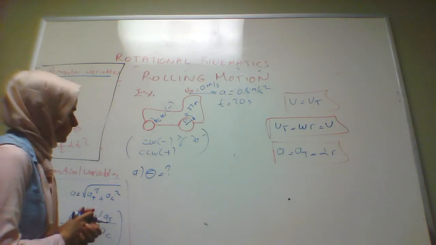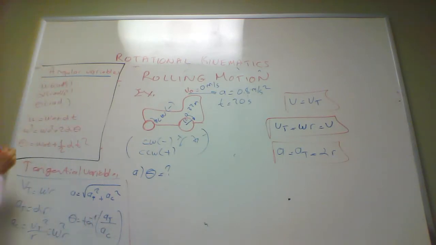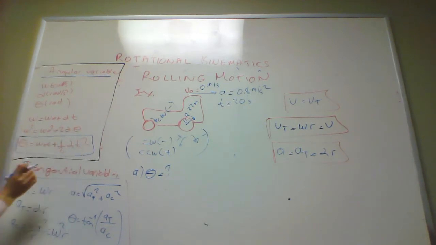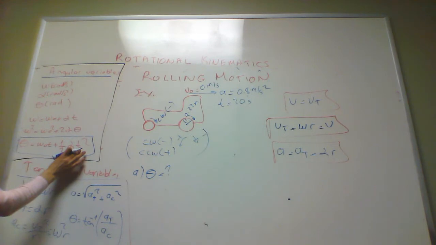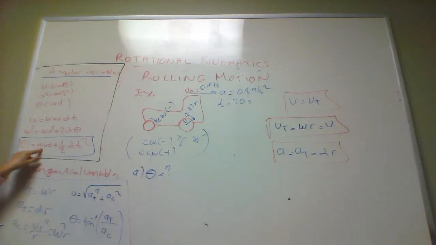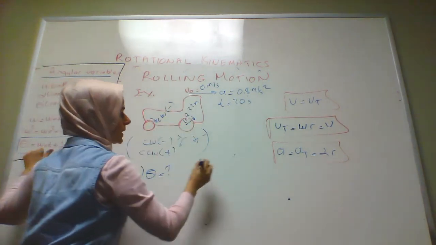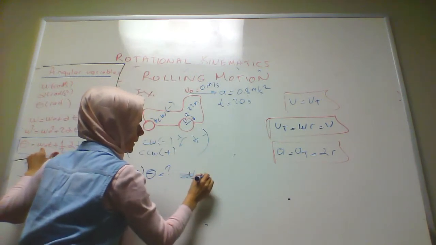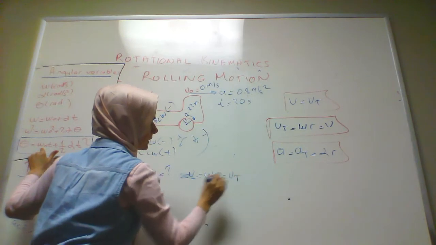For the angular displacement, this is the equation we look at. We know time, right? We kind of know omega 0 because we know V0, and V is equal to omega R, right?